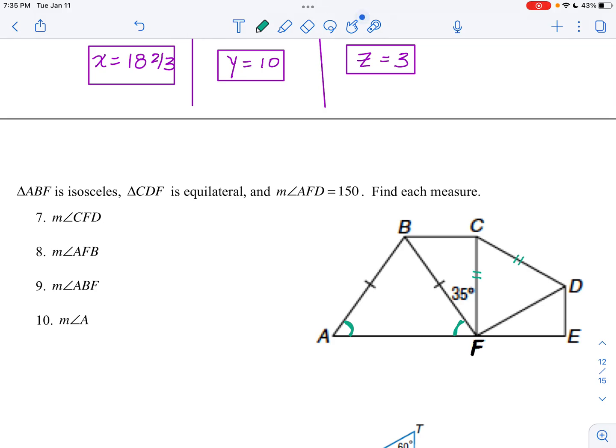So in every equilateral triangle, we know that each of the angles measures 60 degrees. And we're also told that the measure of angle AFD is 150 degrees. So AFD, all of this, is 150 degrees.